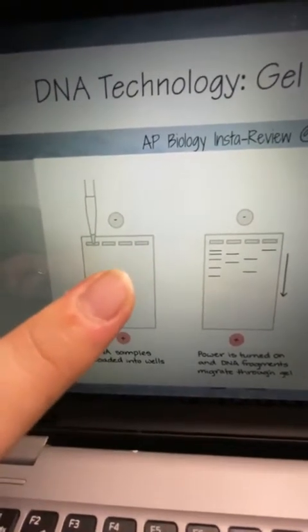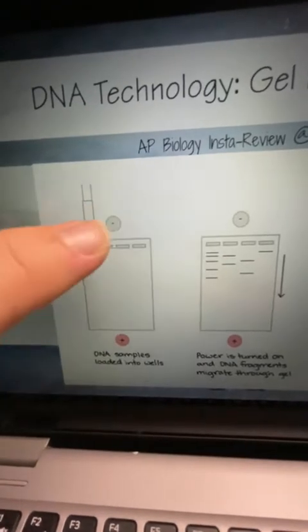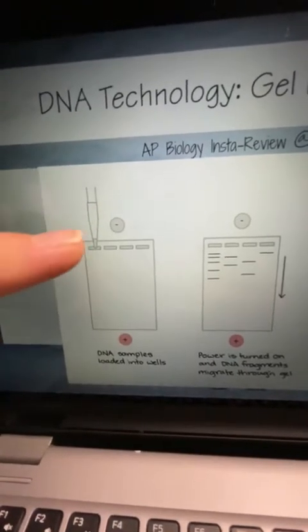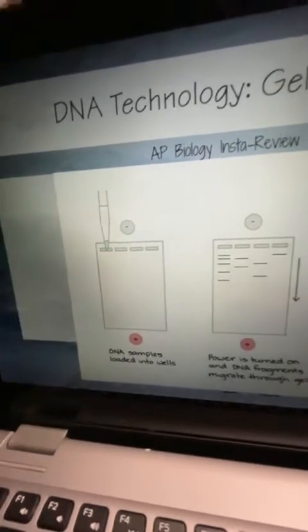Then you turn on the electricity, which pulls the DNA from the negative end to the positive end. The reason this works is that DNA is negatively charged. There's a bunch of phosphate groups in DNA, and phosphate is negatively charged, which makes the whole DNA molecule negatively charged, so it will be drawn to the positive end.